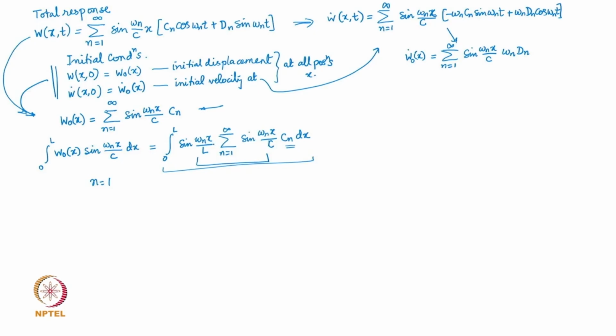Although you look at this product as a summation, where sine(n pi x over L) is multiplied by the sine term here, if I choose n equal to 1, then Cn is C1, and all the terms are going to be 0 except one term, and that term turns out to be L by 2 into C1.